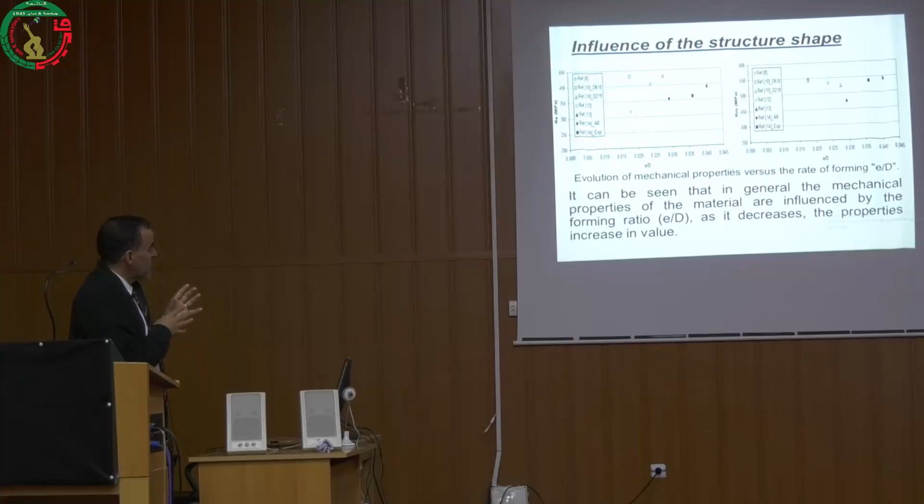The forming ratio is the ratio of the thickness to the outer diameter. When we have a big pipe, the results are lower. But when we have a small pipe, the yield stress is so high.